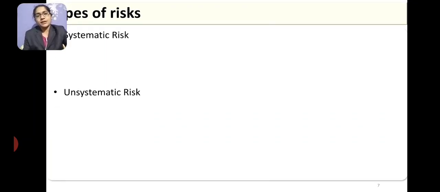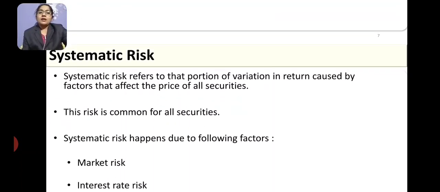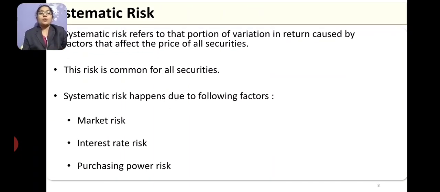Types of risks, very important. Anyway, in future we are going to discuss it in detail. When we talk about risk, it can be broadly divided into systematic risk and unsystematic risk. Very importantly, what is a systematic risk?